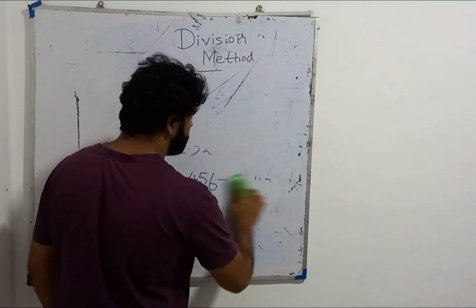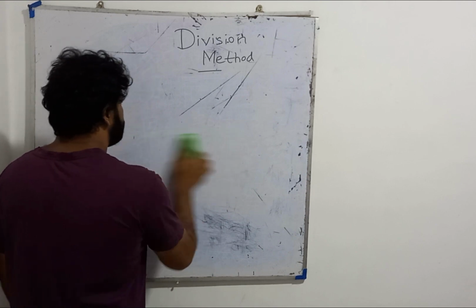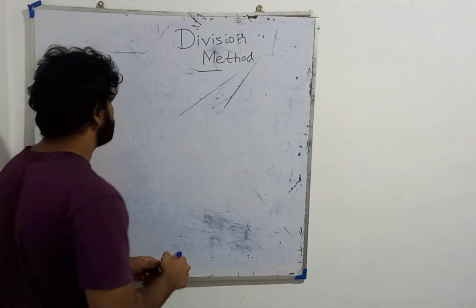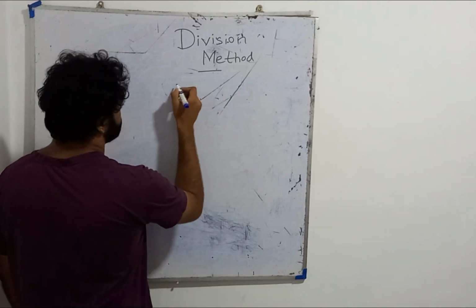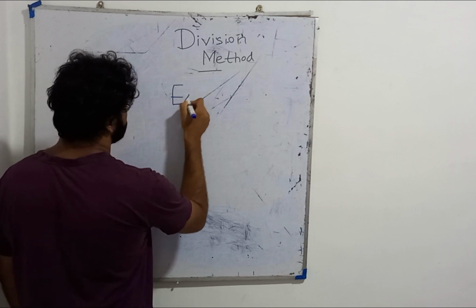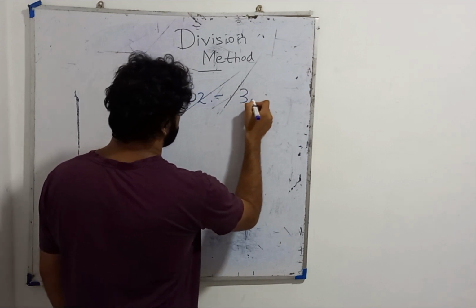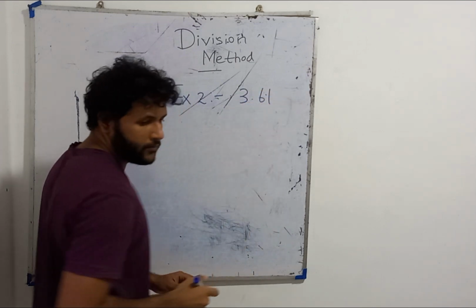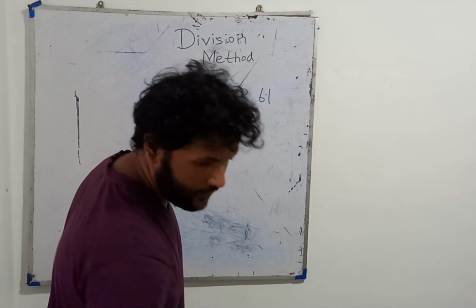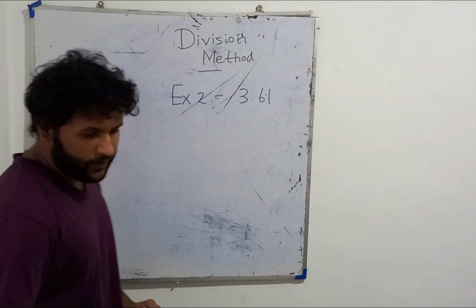Very simple. Example number 2: 3.61 is going to be the value.